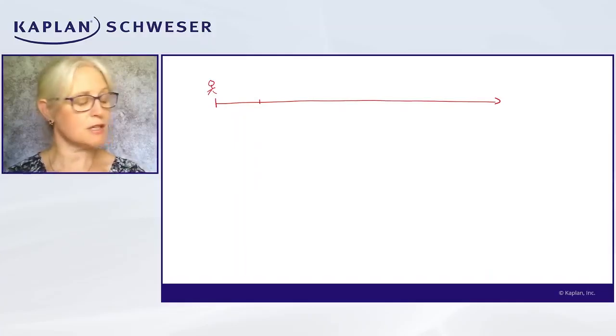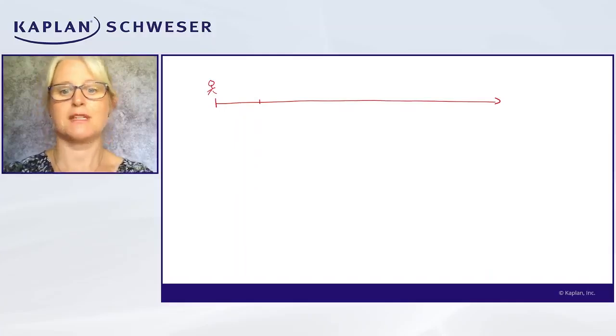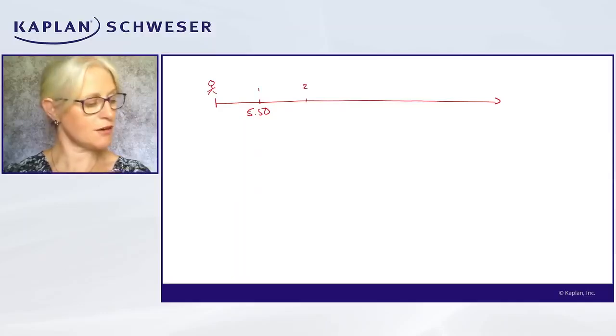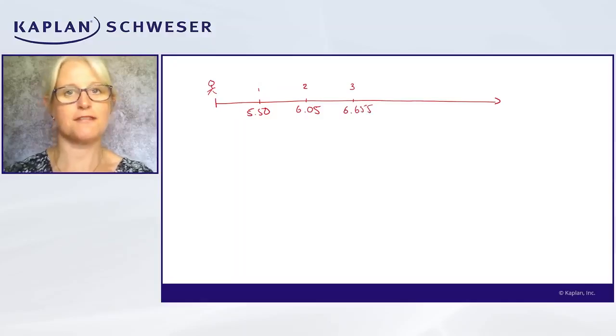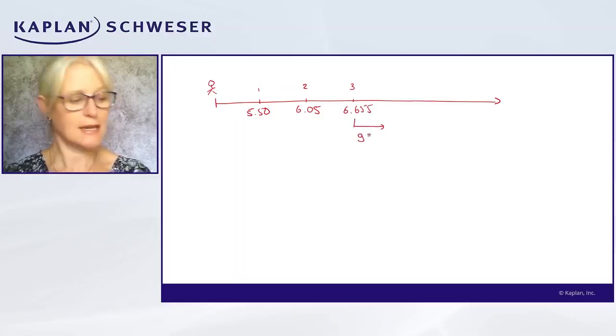So in the short term, growth is going to be 10% per year, isn't it? So we can work out manually that the dividend at the end of the year should be 5.50. Then it should be 6.05. And then it should be 6.655. And from that point onwards, it's going to grow at a much more reasonable 5%.